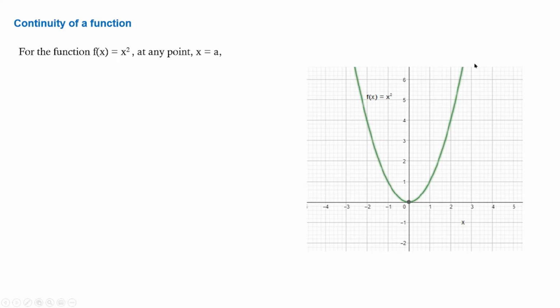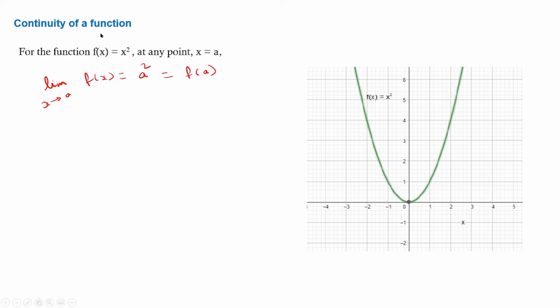Now first we will see about continuity of a function. If we consider the function f of x equal to x square, and take any point x is equal to a, we can see that the limit x tends to a, f of x, is equal to a square, which is equal to f of a.